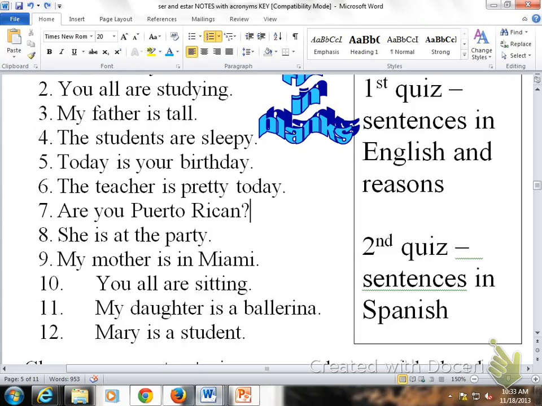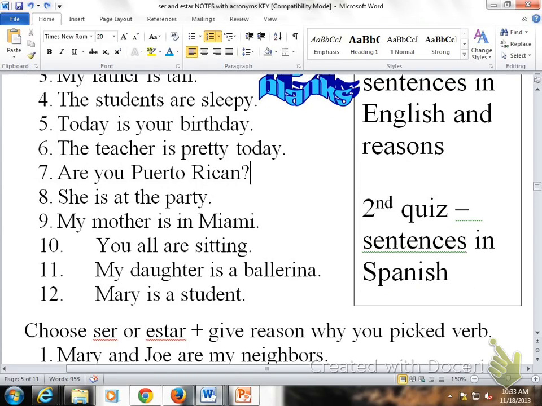What about 7? If you're asking, if somebody's Puerto Rican, what are you asking about? Origin or nationality. Okay, so that would always be said. What about 8? She is at the party. Location, so that'll always be estad. Good.